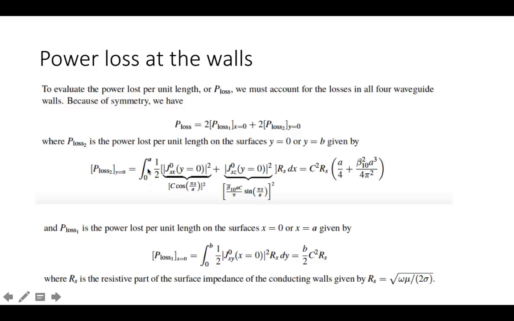So we have the integral from 0 to A, which is the top wall, the A dimension, of the surface current at y equals 0, and that's squared, and then it's times R, and so we have basically the surface current in the x direction and the surface current along the z direction, taking this obviously for a unit length, and then R is the surface resistivity of the guide.